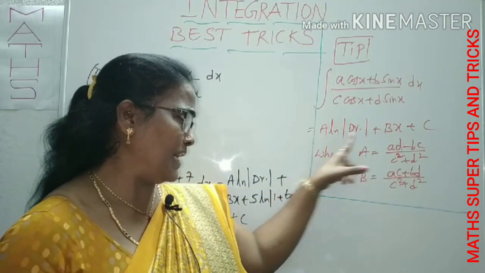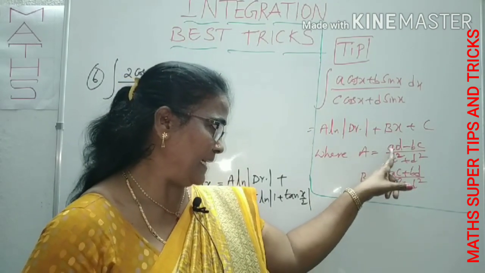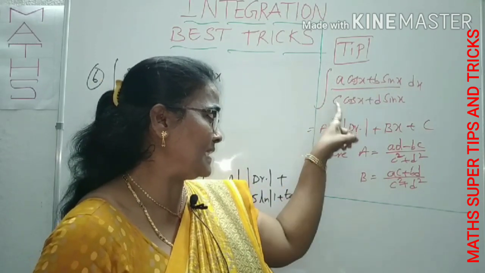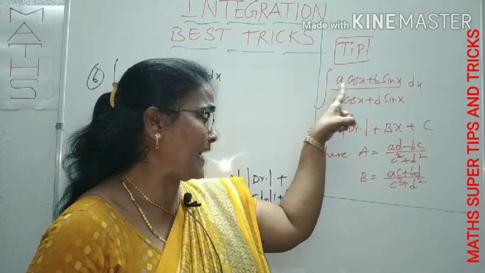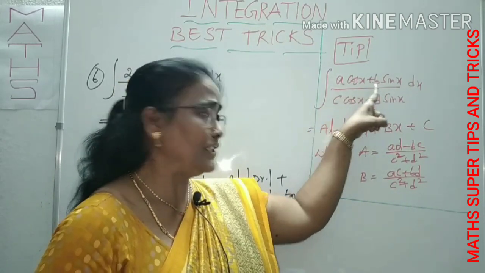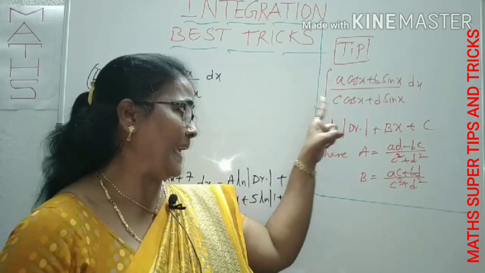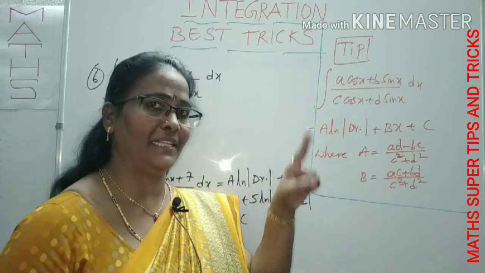Here mainly you have to consider A and B. What is the value of A? A is (ad minus bc) by (c square plus d square). You know what a, b, c, d are? How to recognize them first? a, b, c, d are the coefficients of cos and sin in the numerator and the denominator respectively.